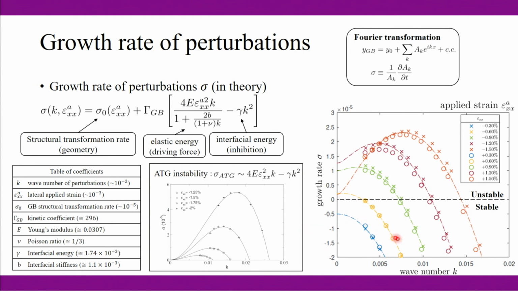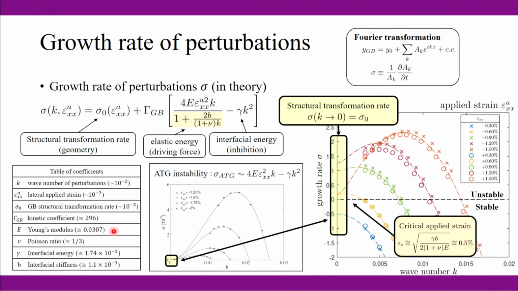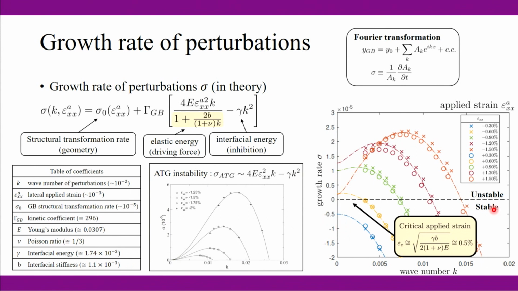But clearly, when the wave number is equal to zero, in contrast to the ATG, the solid-liquid result, the growth rate does not start from zero. You have a range, depending on the applied strain you are giving. Over a certain threshold, like here at 0.6, you start to see something positive, right?